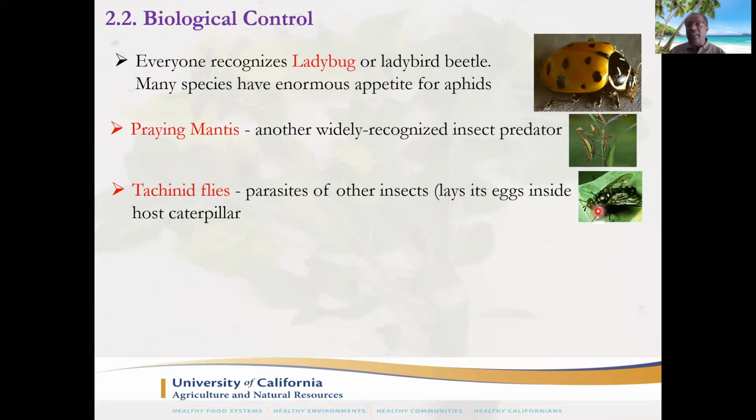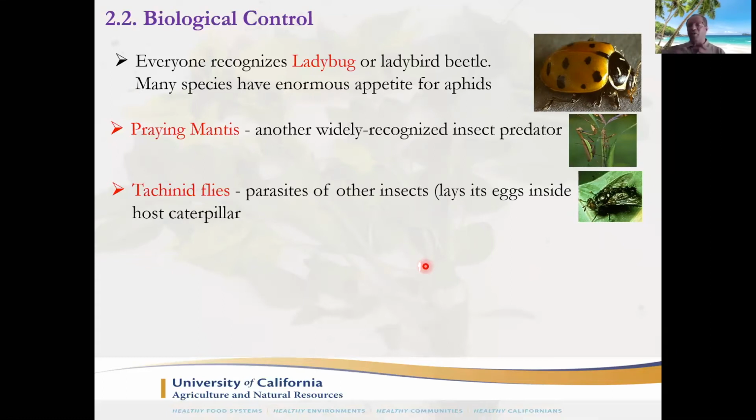This one actually looks like a housefly, but it is called a tachinid fly. It's a parasite. So if you have loopers or any kind of caterpillar, they would inject the ovipositor, the egg depositor, into the caterpillar.